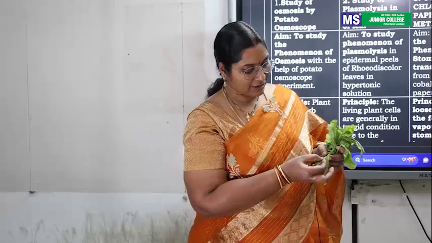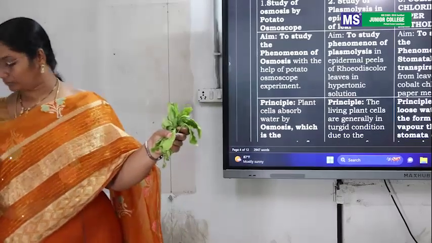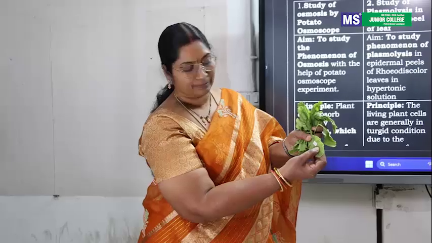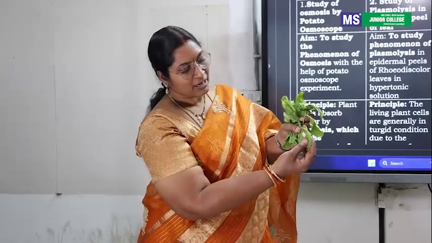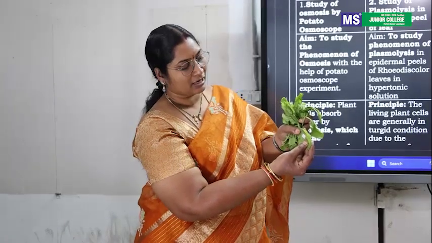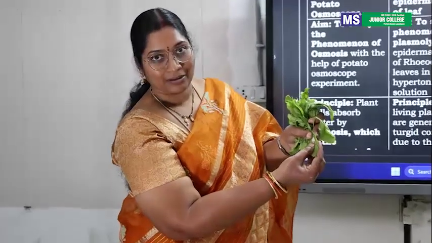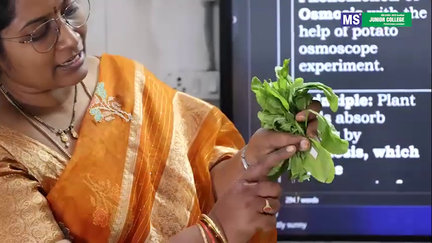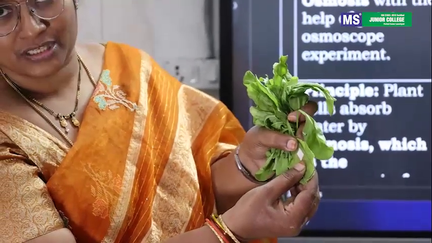Suppose I place that by covering with a cover slip, slide, paper. After a certain duration of time, a little water is going to come out from the stomata. That loss of water by stomata is called transpiration, and here you can observe pink colored patches.